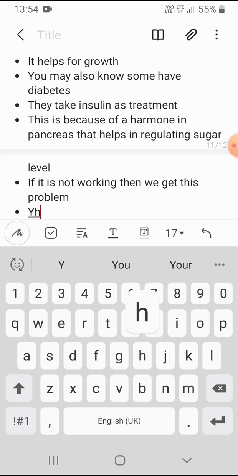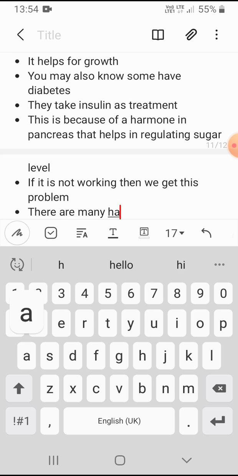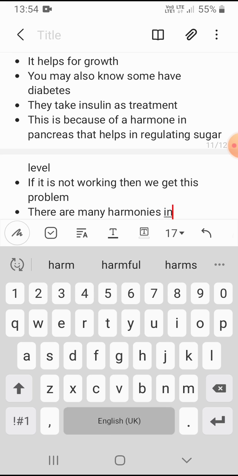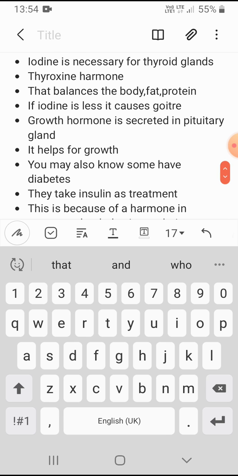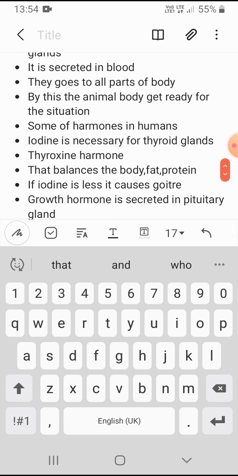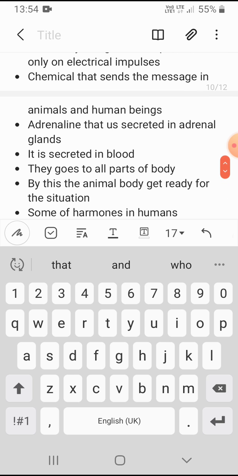And there are many hormones in human beings. They have given some examples like thyroxine and adrenaline.